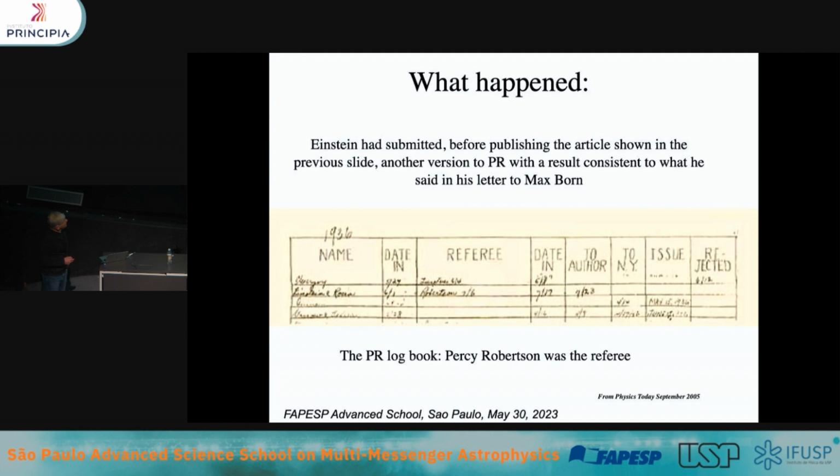And so he found that there were inconsistencies. So there were mathematical errors in Einstein and Rosen's solution. So he returned the paper with comments.